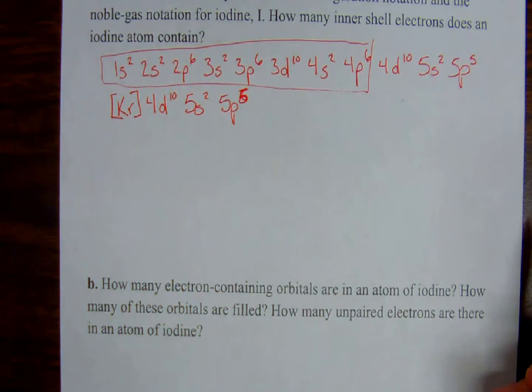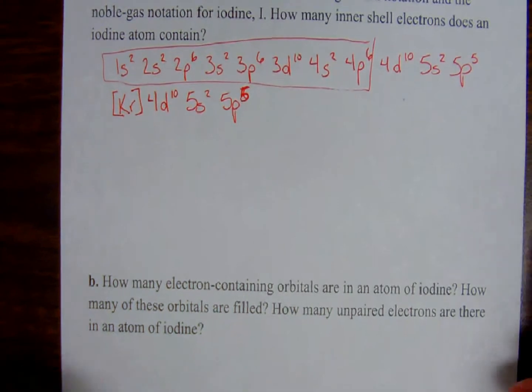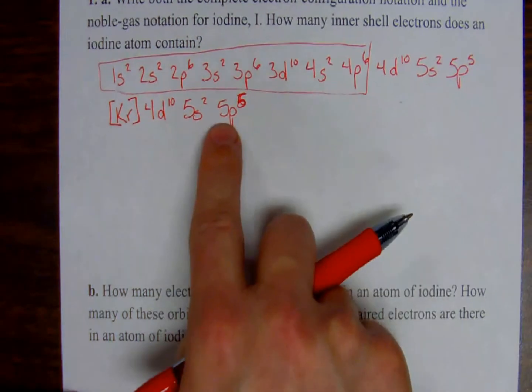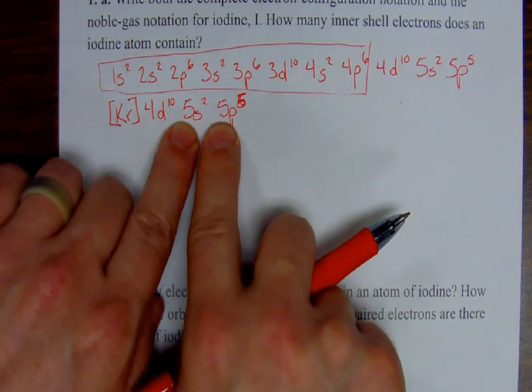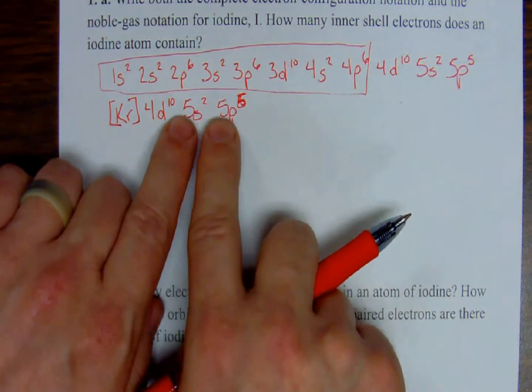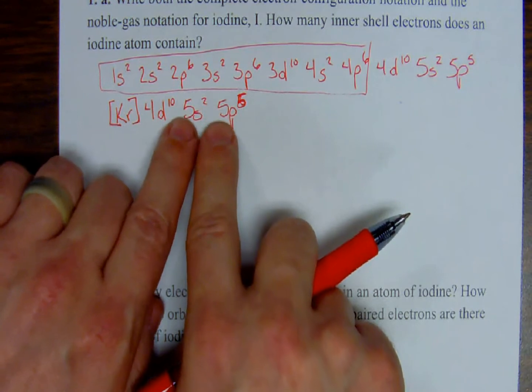Well, iodine, this is 5s. I have 5p5. So 5s2, 5p5. So that's 7 electrons, right? 2 from the 5s, 5 from the 5p. So 2 plus 5 equals 7. So 7 of these electrons are in the highest occupied energy level. Well, hopefully you remember, iodine is number 53.